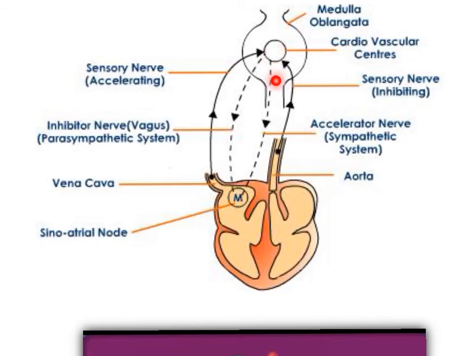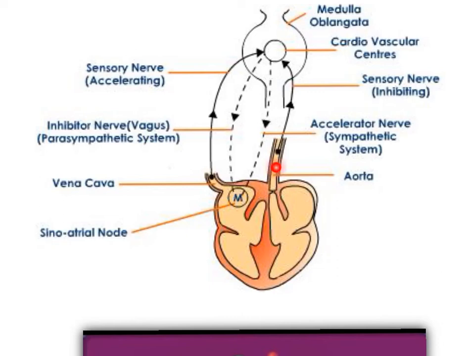So the accelerator nerve sends a message to the SA node, which causes an increase in heart rate, which, if you like, clears the backlog of blood and will consequently result in a reduction of the pressure in the venous system, okay, because we're moving blood through the heart more quickly, by increasing heart rate.